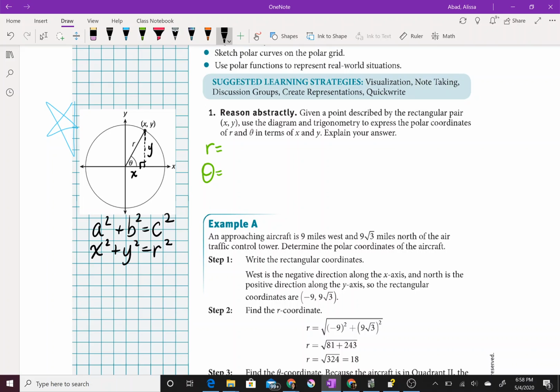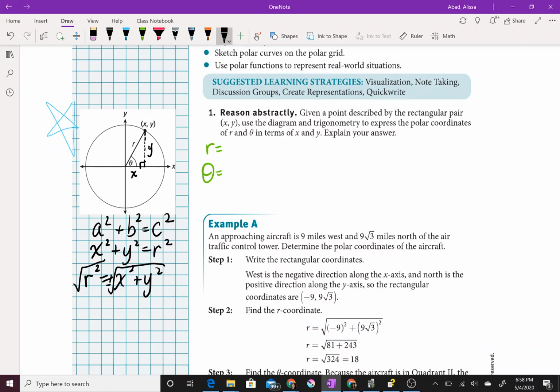Now we're really close to getting r by itself. We have r squared. So I'm just going to rewrite this just so we can keep track of having r on the left side. And we want to get r by itself by taking the square root on both sides of the equation.